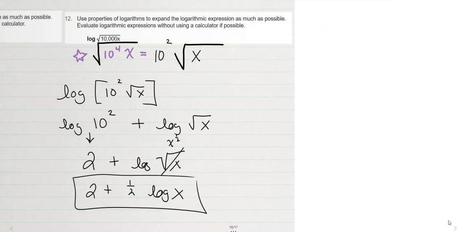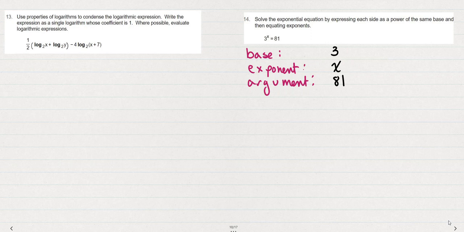Next, number 13, we're moving so quickly, but pause if you need to. Use properties to condense. So when I finish this, I'm only going to have this log written once. Now I've got to notice that this 1/2 is going to distribute to both pieces. So when I bring that 1/2 in, it's like x to the 1/2, y to the 1/2. Those are square roots, aren't they?